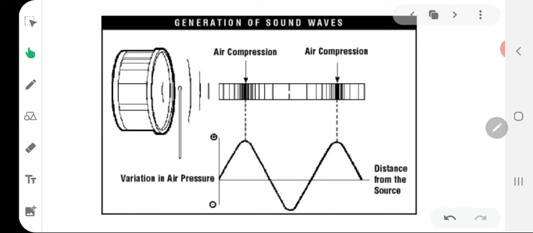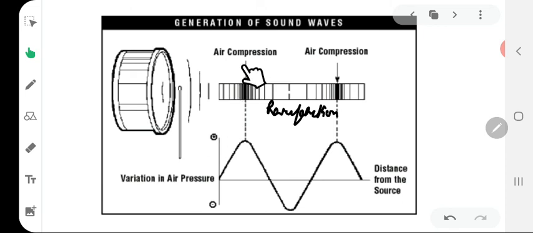Alternately, there is a region formed where the density of the particles has decreased from the normal. That region is called a rarefaction. So, alternately we have compression and rarefaction. As you can see, the compression is represented by the up part, the elevated part, and the rarefaction is shown by the depressed part.